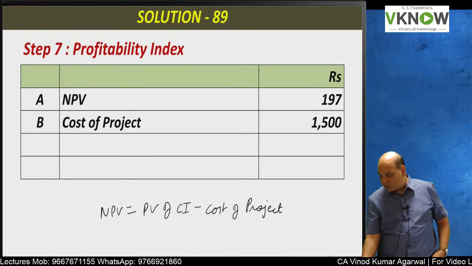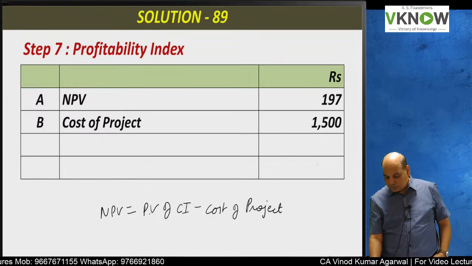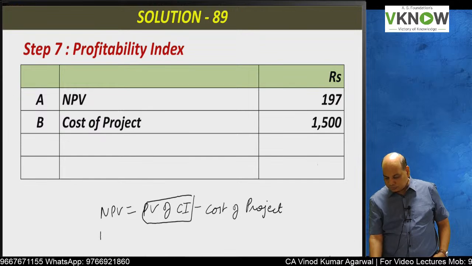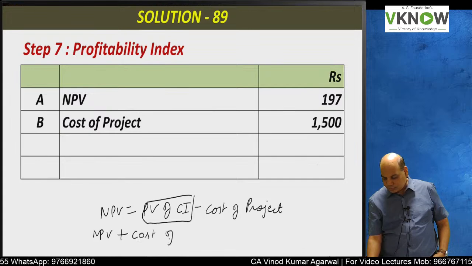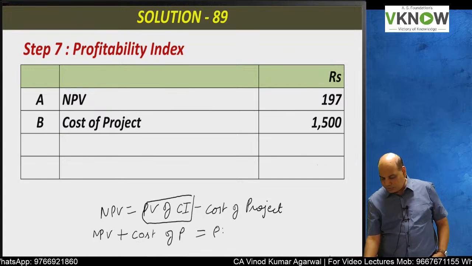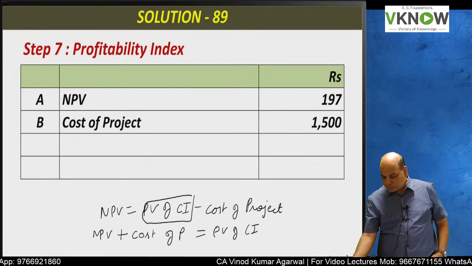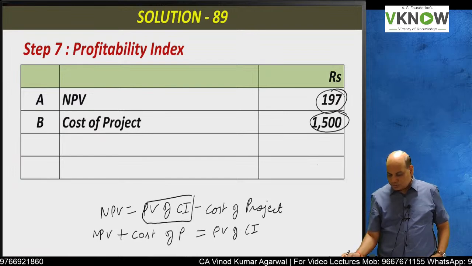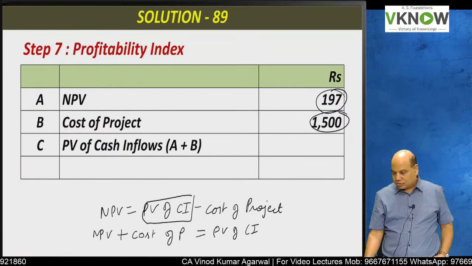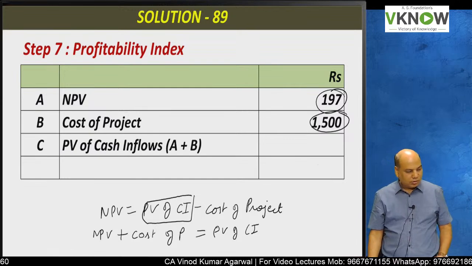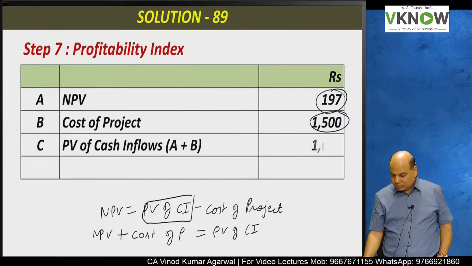That is something which is so basic. So if I want PV of cash inflow, NPV plus cost of project will be PV of cash inflow. So PV of cash inflow will be 1697.